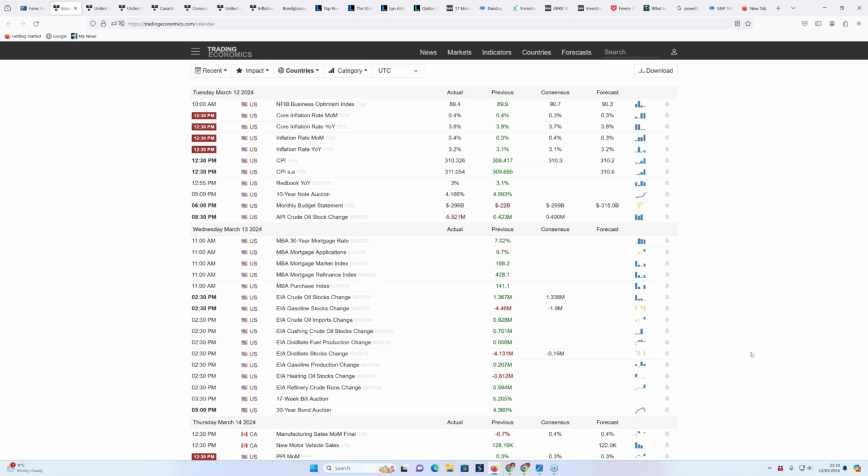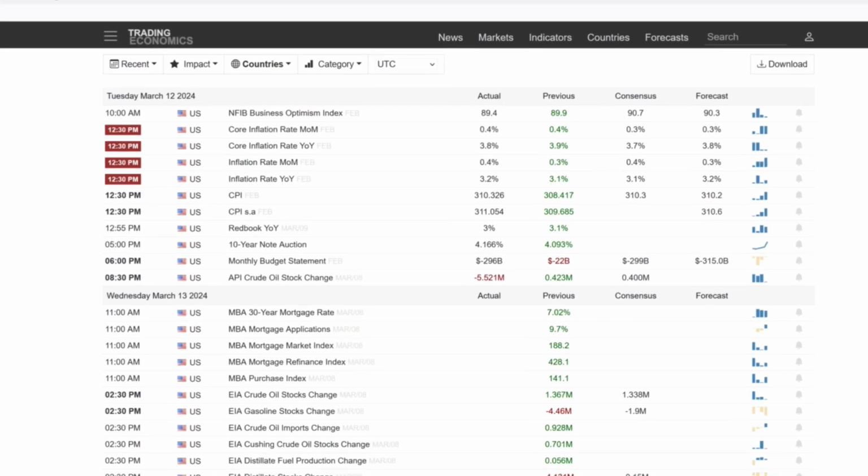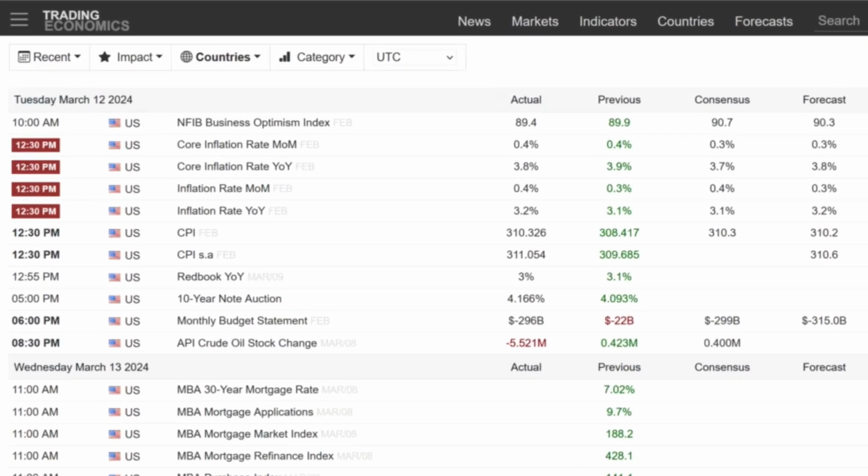Next week we have the FOMC, and today has been particularly important because we have had the CPI. Obviously, the main market narrative is if and when the Fed is looking to reduce interest rates. And one of the metrics that they look at is the CPI.